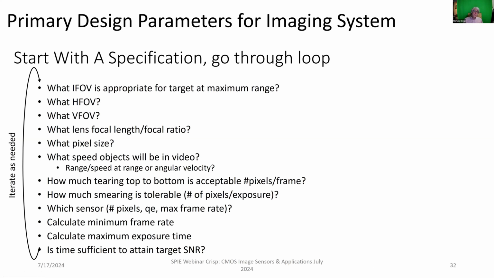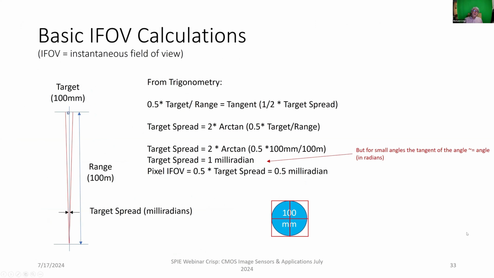You go through this iterative loop a few times to calculate the basic instantaneous field of view, that is, how much of the field of view a single pixel sees with the optics. You just apply basic trigonometry. And typically you might want to have a 2x2 pixel coverage of the spot, or maybe 4.88, as I said on a previous slide.